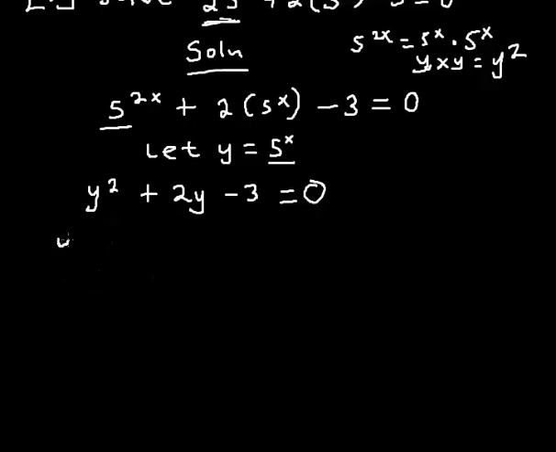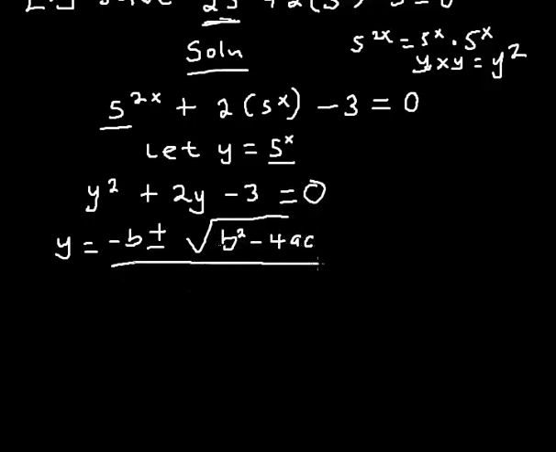The general formula for solving a quadratic equation is minus b plus or minus the square root of b squared minus 4ac, all divided by 2a. So here we go. y is going to be equal to minus b.